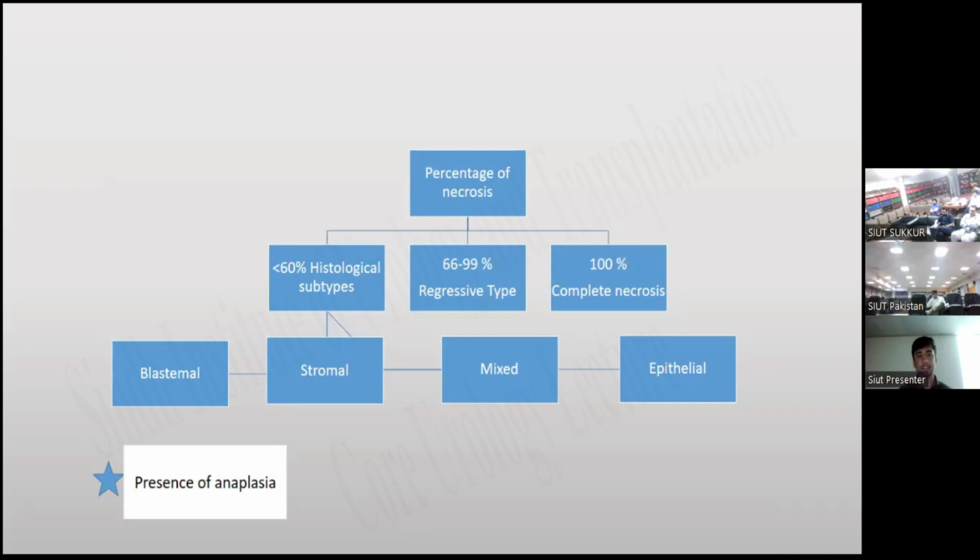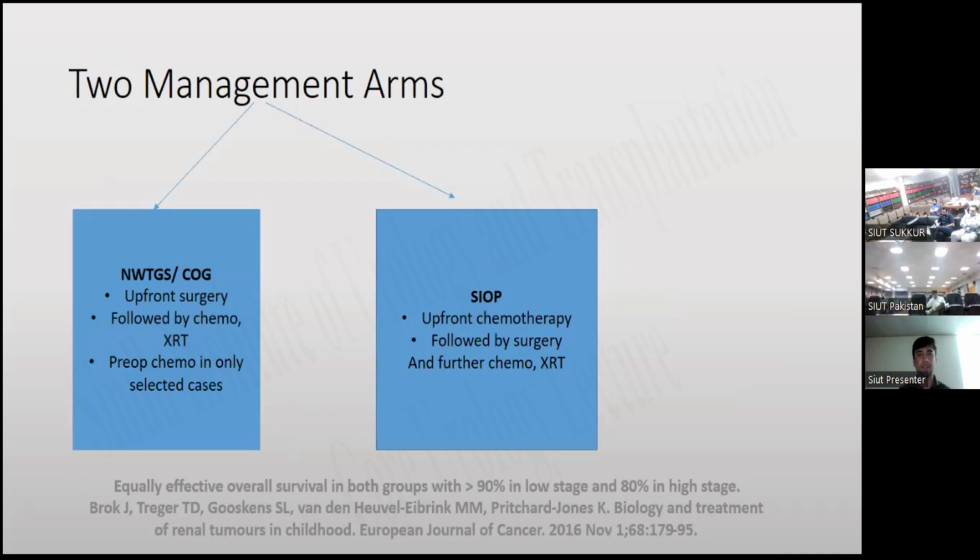So as I said, there are two management plans, the COG and the SIOP. The Children's Oncology Group says that we should go for upfront surgery without preoperative chemotherapy. After the surgery, we go for adjuvant chemotherapy, where radiation will depend on the stage of disease.